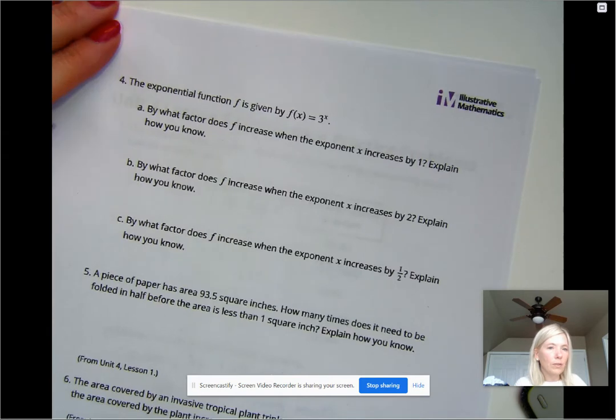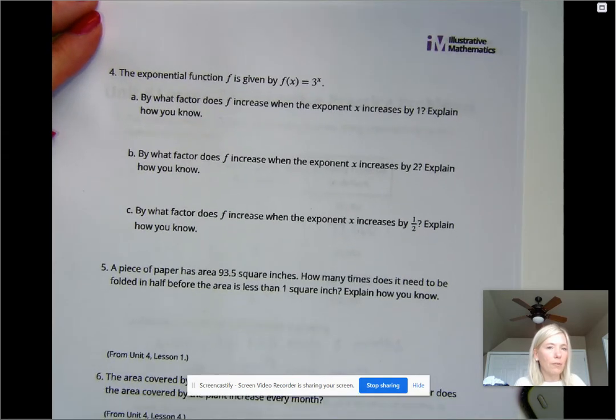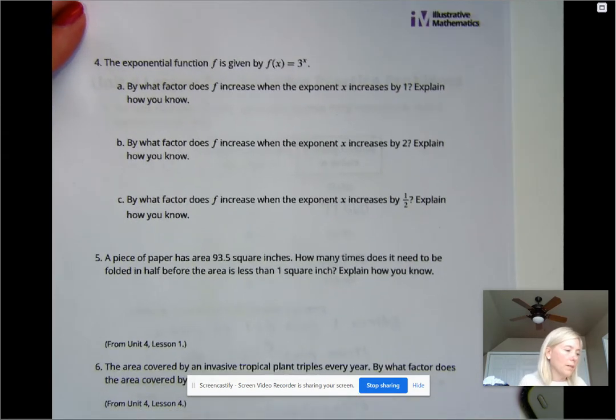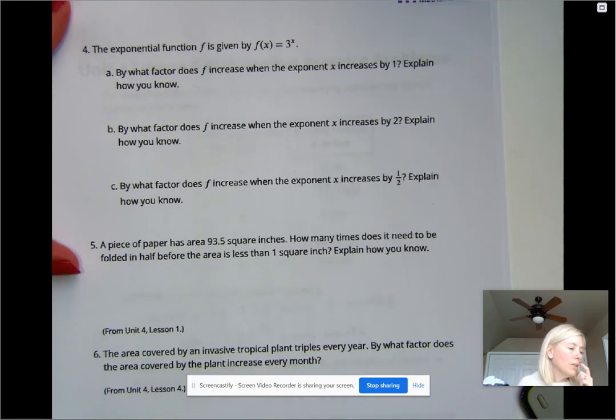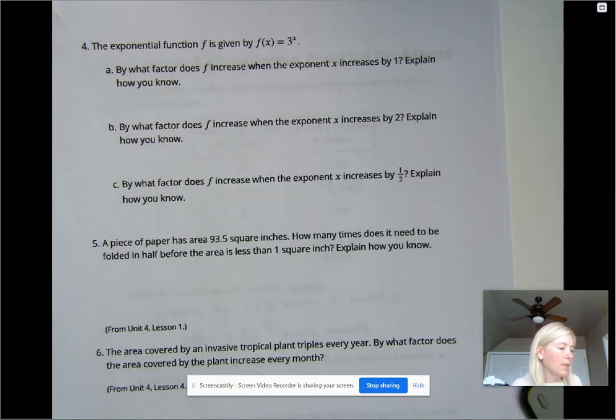Okay, number 4. The exponential function f is given by f of x equals 3 to the x. By what factor does f increase when the exponent x increases by 1? Explain how you know.